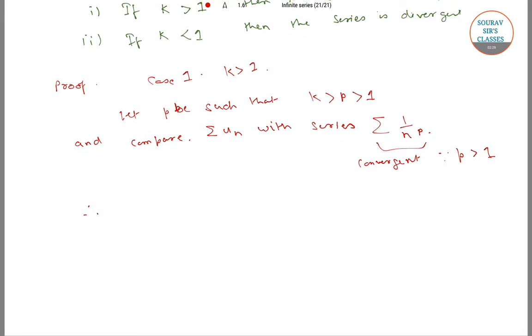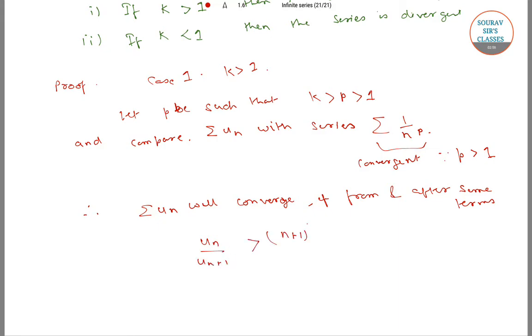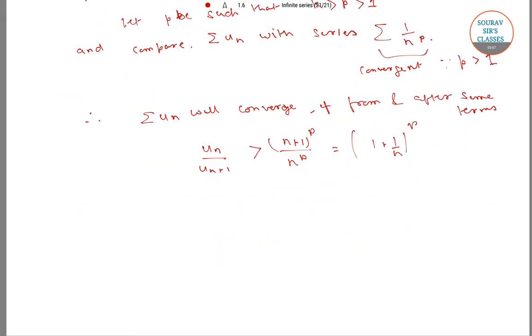Therefore, summation un will converge if from and after some terms un by un plus 1 is greater than n plus 1 raised to the power p by n raised to the power p, which is equal to 1 plus 1 by n raised to the power p.